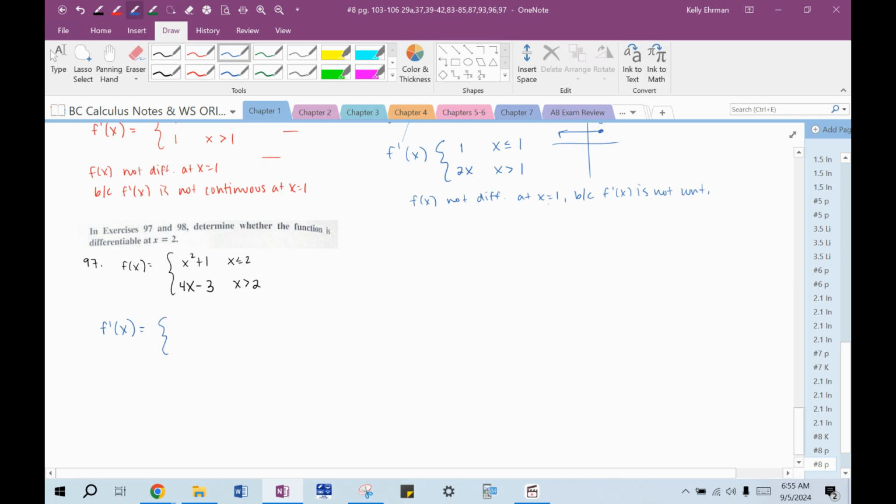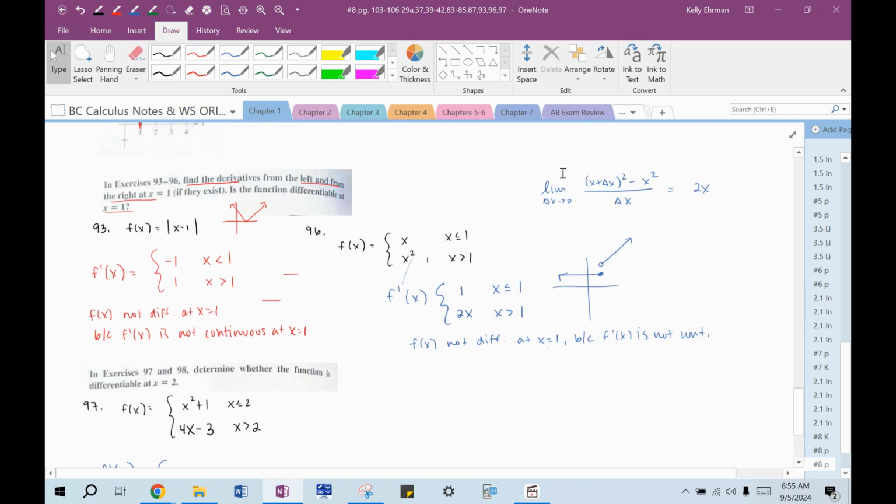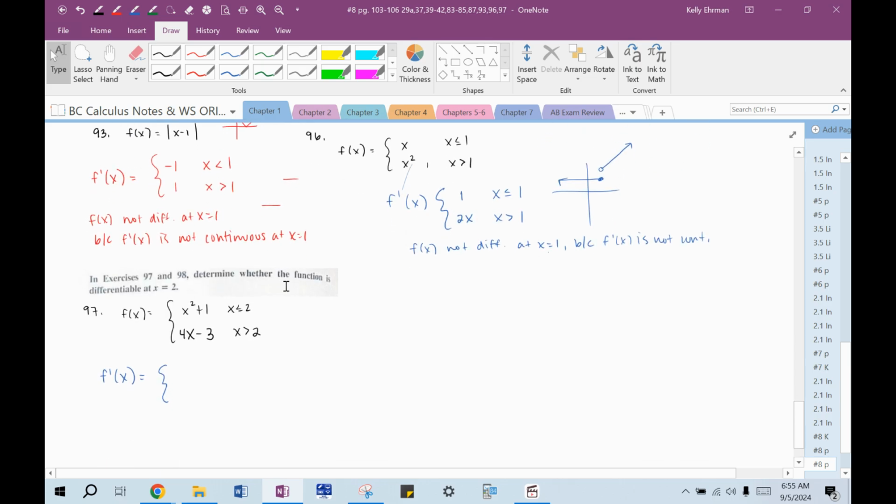And again, similarly with x squared, if you do the limit definition of a derivative, you're going to get 2x. It's the same thing with x squared plus 1. You're still going to get 2x. So I know I'm skipping steps, but I'm running out of time for my video here.